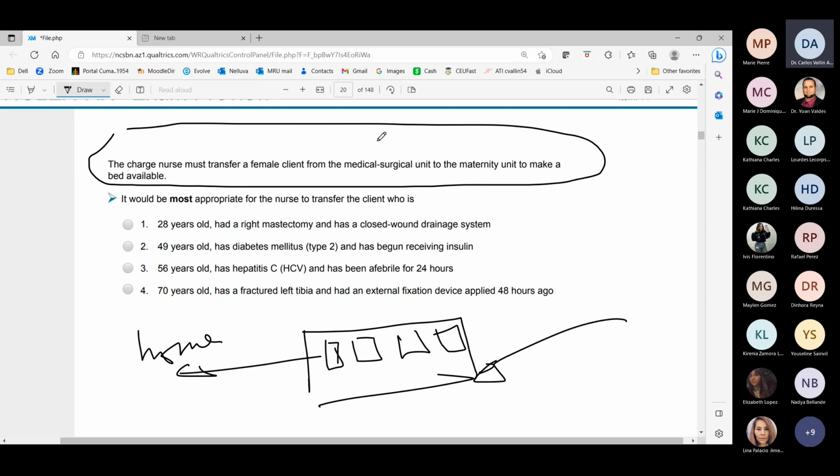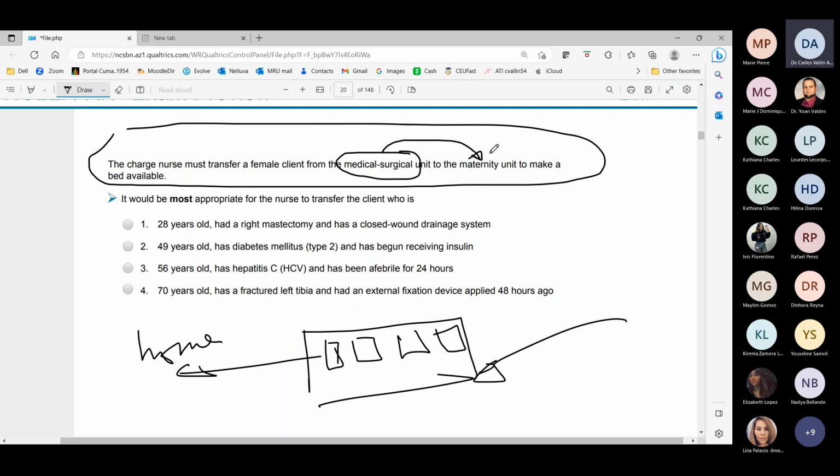But this question is different. The patient is in the medical surgical unit and is going to be transferred to maternity. So the patient is not going home. The patient is going to be transferred to OB.